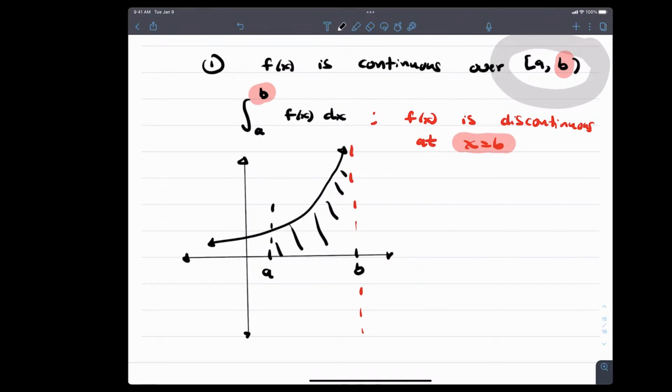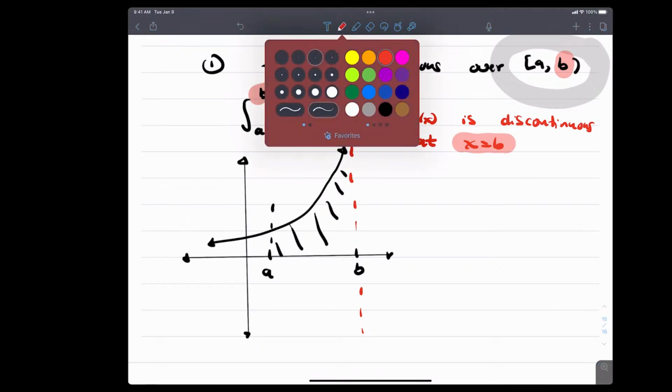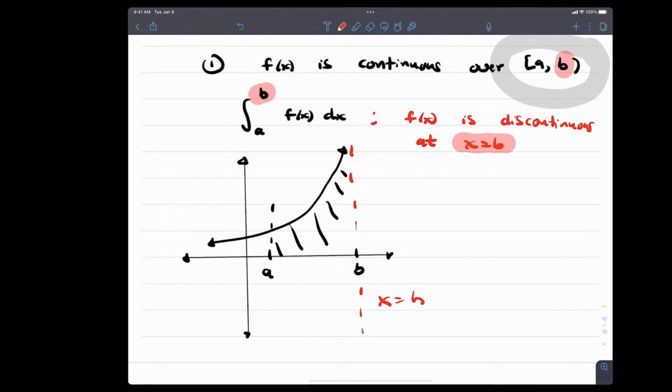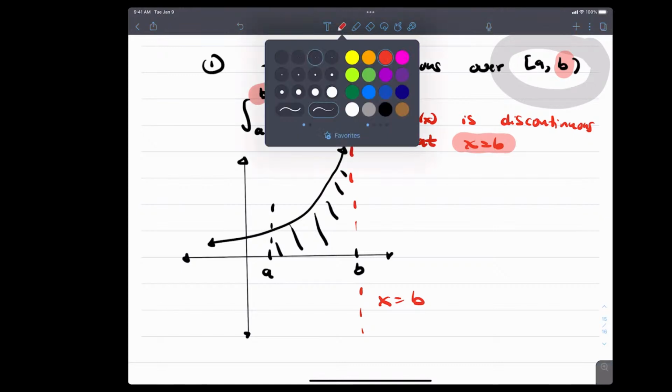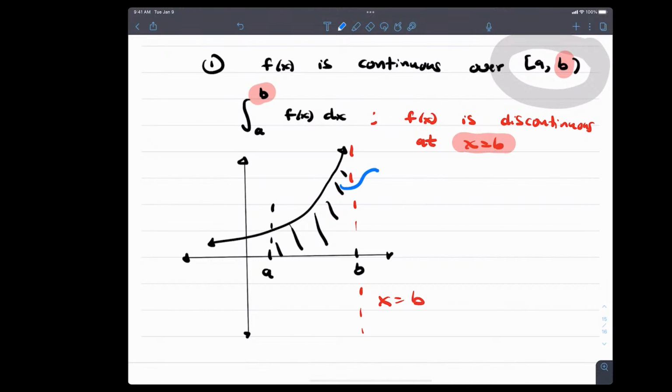This time, your curve has to get close to that imaginary axis at the discontinuity x = b. Does it get close fast enough? Because you're going to have two situations. Either this area is going to be finite, or it's going to be infinite.